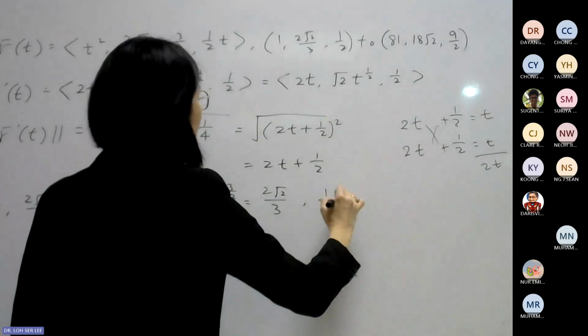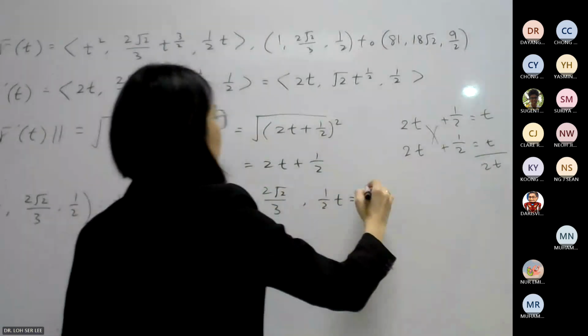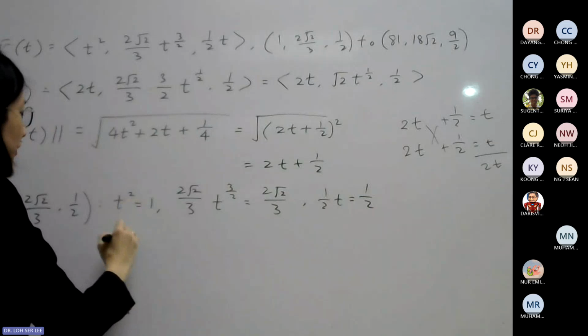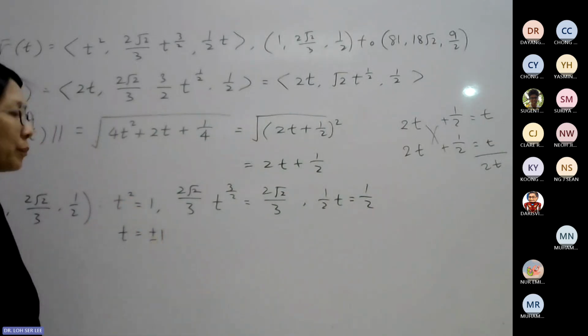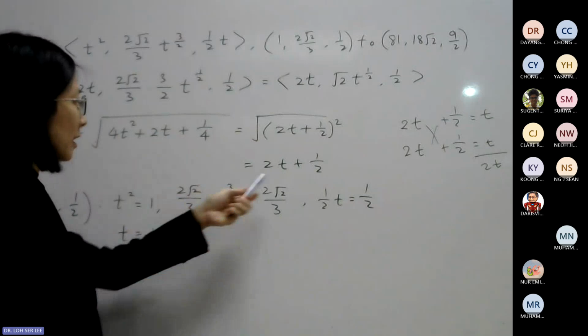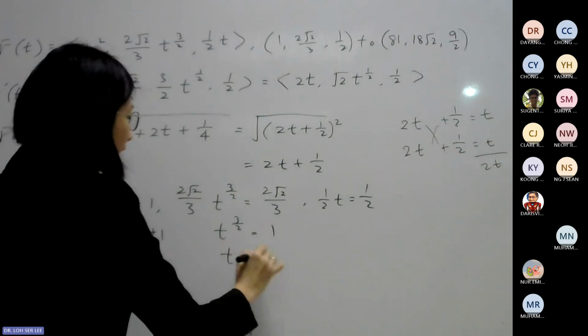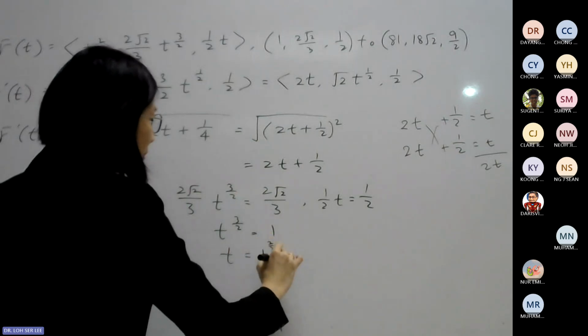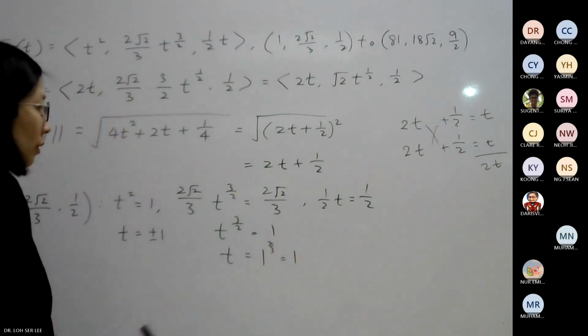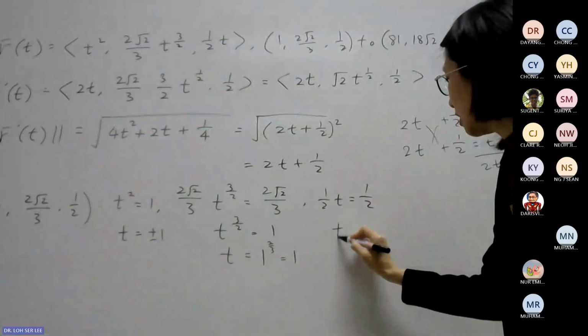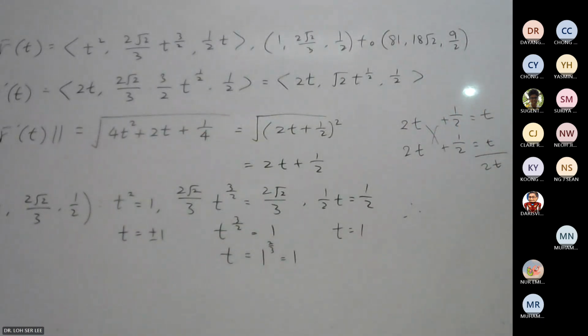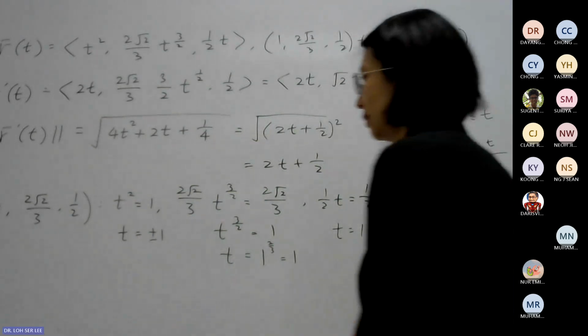Then the half t equals the half. So for the first one, you get plus minus 1. For this one, after you cancel out, you get t to the power of 3 over 2 equals 1, so t is 1 to the power of 2 over 3, which is 1. And this t is 1. So plus minus 1, 1, 1. That means your t must be 1. It goes to the second point.